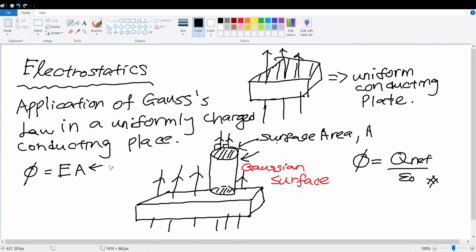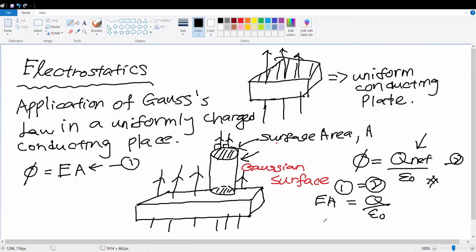So we have equation 1 and equation 2, and after that we equate both equations. So EA is equal to Q, and it is not necessary to always write Q net, we just write Q, divided by the permittivity of vacuum.